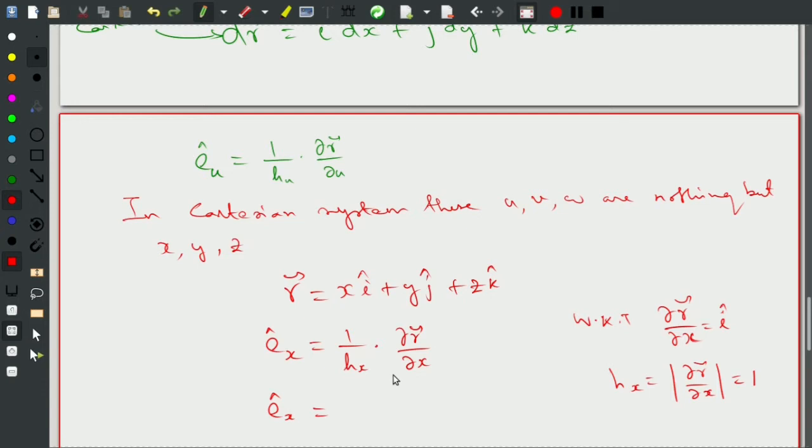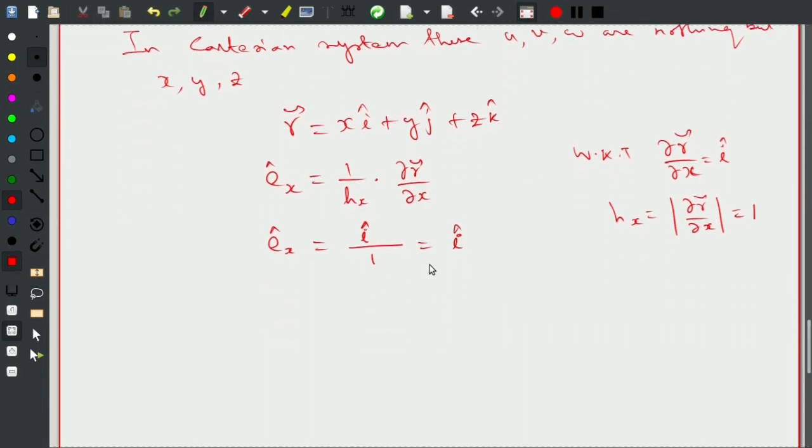If we substitute these values in this equation, instead of dou r by dou x we substitute i cap, divided by h_x, which is 1. So this is nothing but our i cap, the unit vector in the x direction. What we have done here is derive the unit vector for the Cartesian system using the generalized curvilinear system. So this is an example, and we can use this form to find other systems.